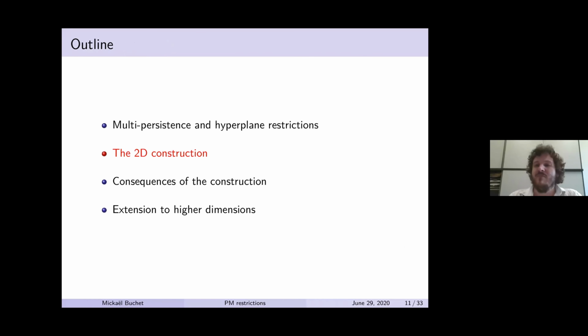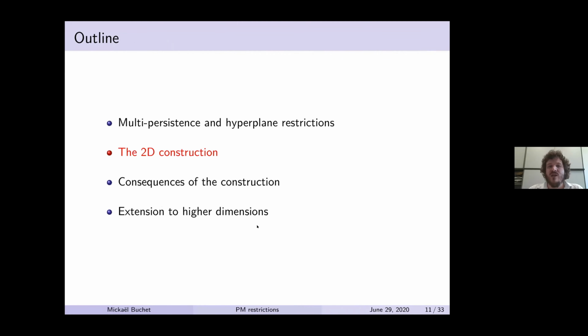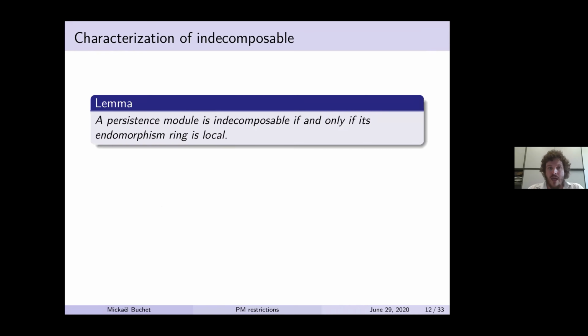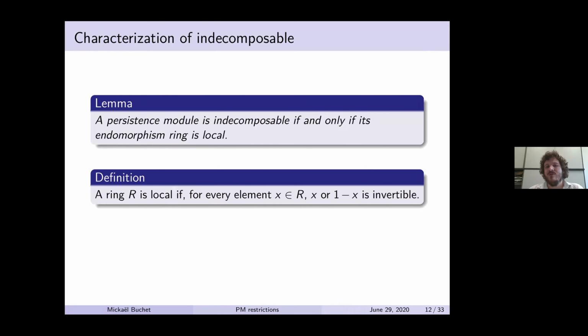So let's start by making the construction for 2D. I'm going to take a 1D persistence module, and I will build a 2D indecomposable persistence module. When is a persistence module indecomposable? Well, one characterization is to say that its endomorphism ring is local. Now, what is a local ring?